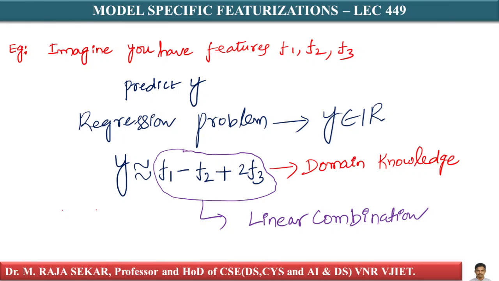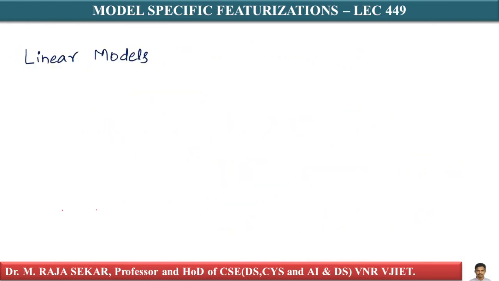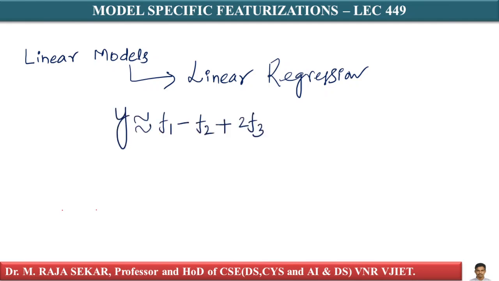In such a case, if you know this from domain knowledge, certainly linear models are better. Linear models like linear regression are much better, because when you apply linear regression, what do you get? You can easily get W1 equal to plus 1, W2 equal to minus 1, W3 equal to plus 2.